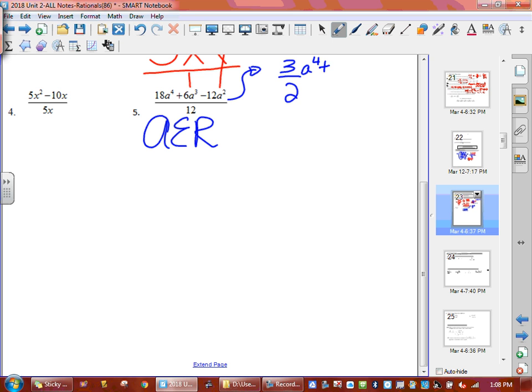Do I have to include that 1 in front of the a cubed? No, you don't. Okay, on the back, negative 12 divided by 12, a hidden 1 time. So minus 1a squared. Okay, that's how you would simplify that one. Now, because 3 over 2 and 1 over 2 are exact decimals, you can use 1.5 and 0.5.